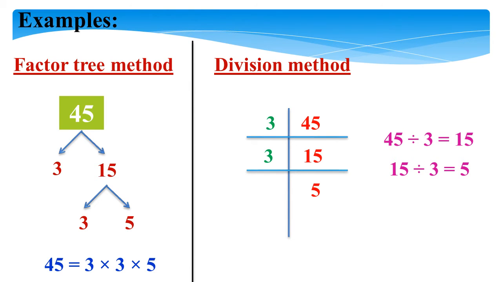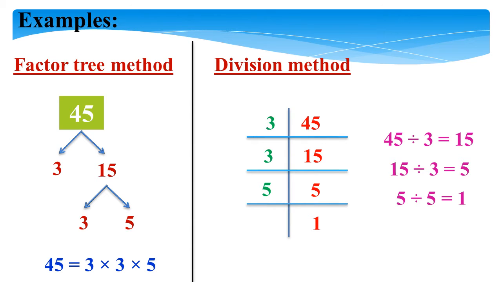Let us write the quotient. Now 5 divided by 5, we get 1. So the quotient becomes 1.